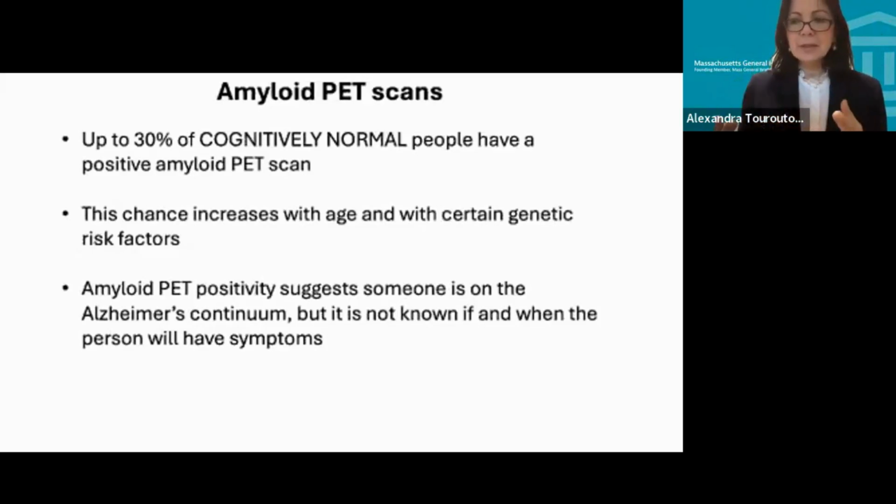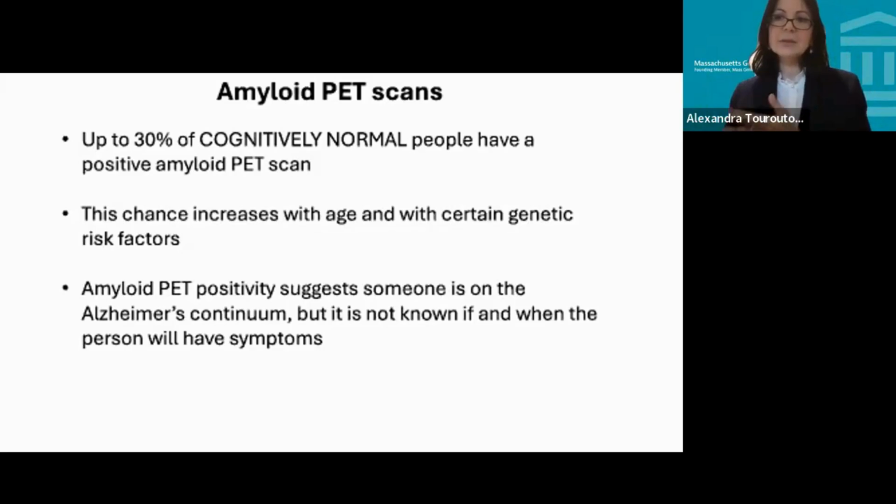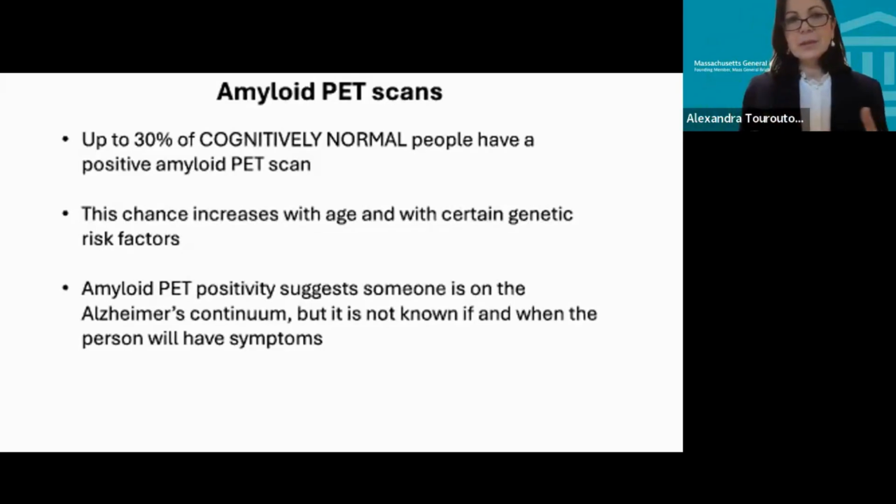So an amyloid positive scan, when it is accompanied by cognitively normal testing, so you do the testing in memory and you do very well, you do executive function tests and you do very well, then this does not suggest that someone will get Alzheimer's disease. It suggests that the person has amyloid pathology and may be in the Alzheimer's continuum, but it is not known if and when the person will have symptoms.